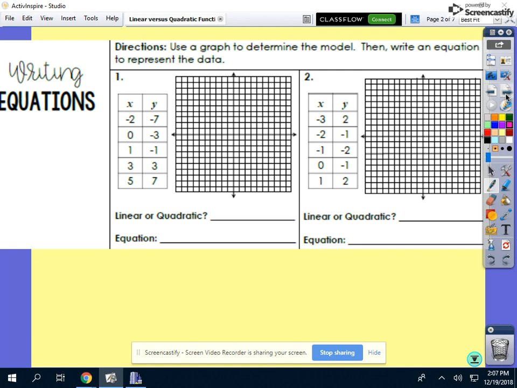Take a look at this first table. Look at your x values. They're going up by 2, 1, 2, and 2, whereas your y values are going up by 4, 2, 4, and 4.